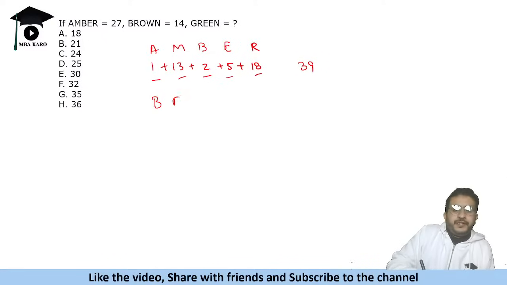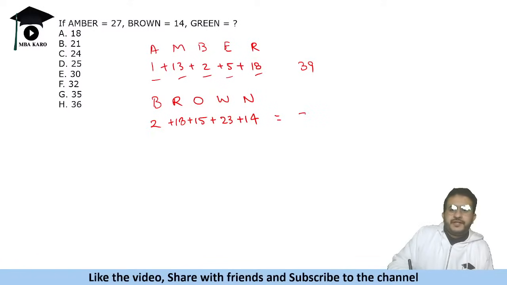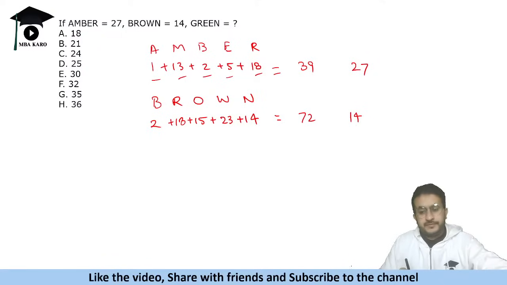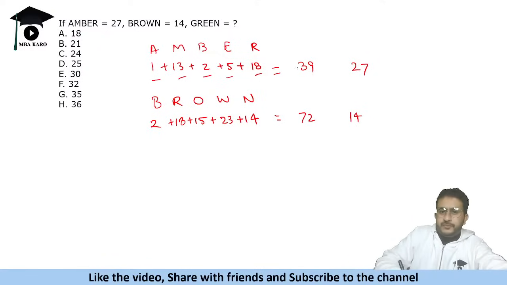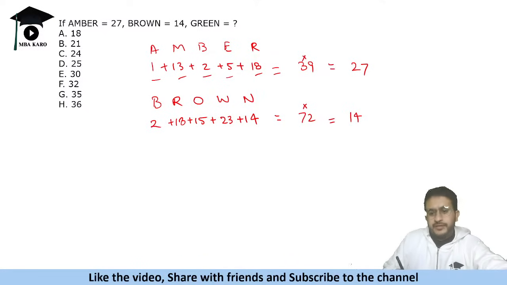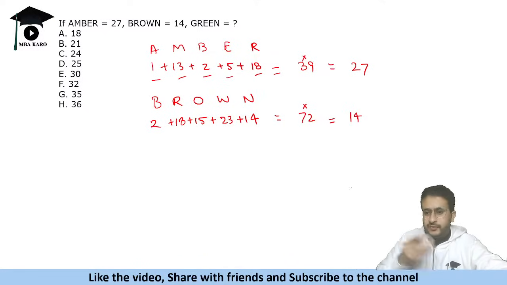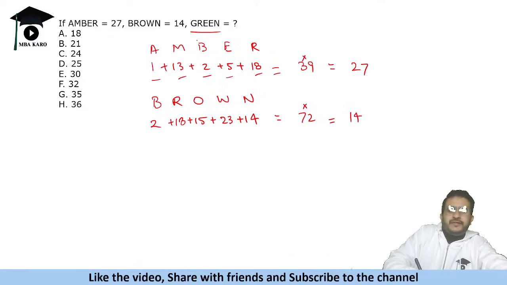And brown, if we take 37, 37 plus 35, 72. Okay. The code is given as 27. Code is given as 14. Do you notice anything? Product of these two, 3 into 9, 27, 7 into 2, 14. Right? Quite evident. So green we need to find.